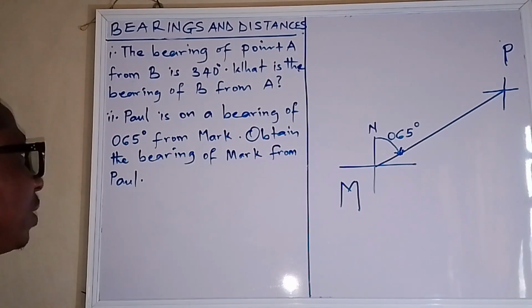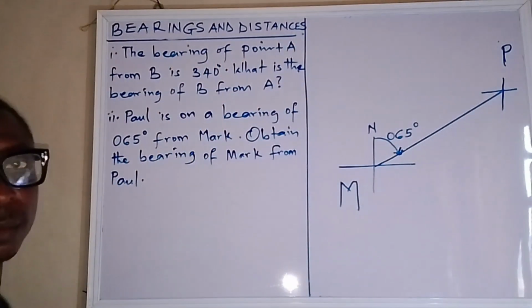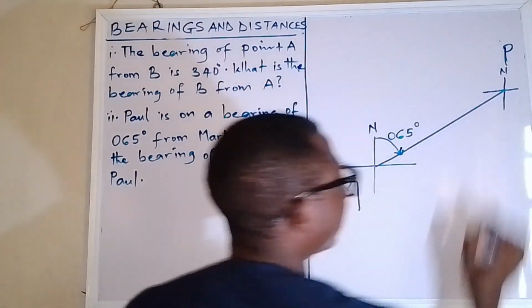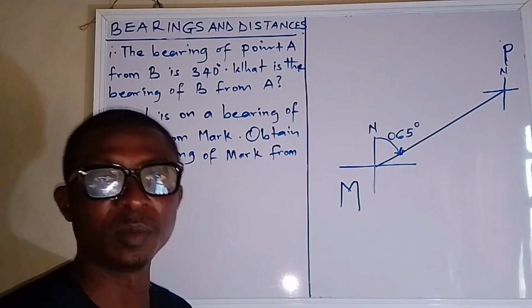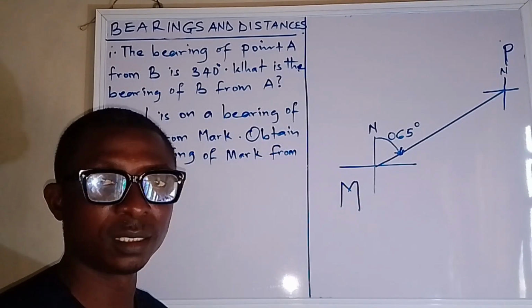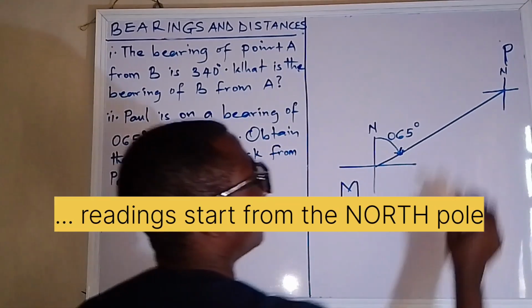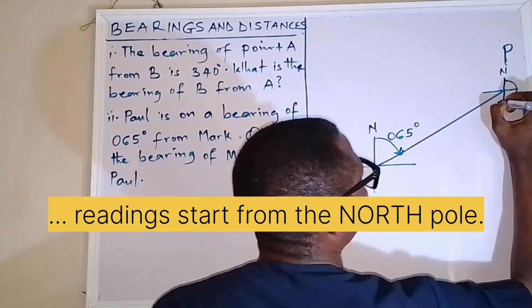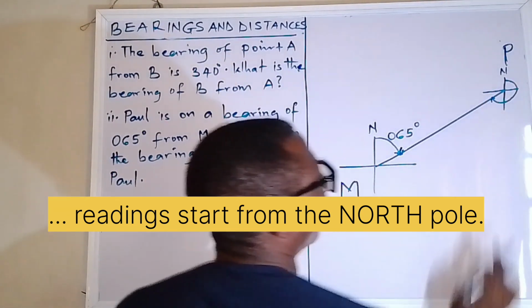Now the question says, obtain the bearing of Mark from Paul. From Paul. So I will go straight to Paul and start the reading from the North Pole until I get to the line that is connecting the two of them. So start moving 90, 180 plus this small angle.